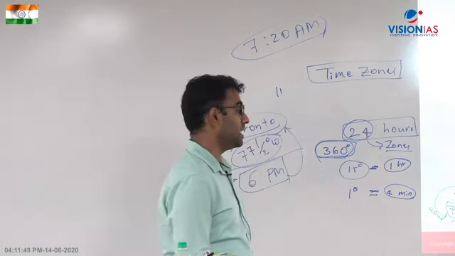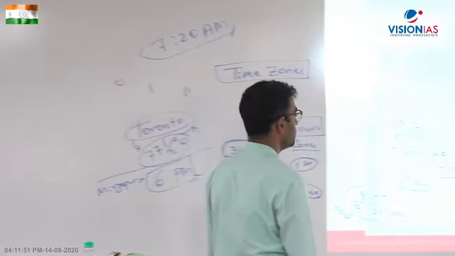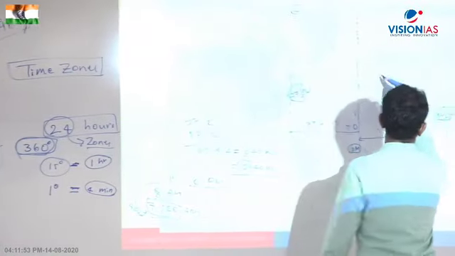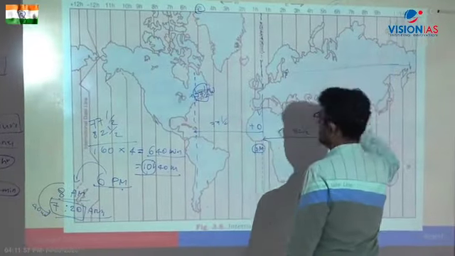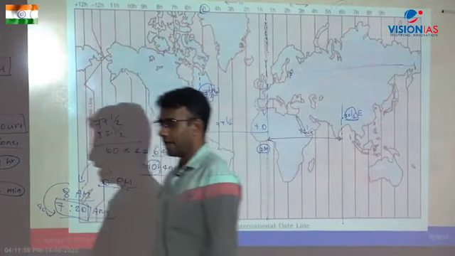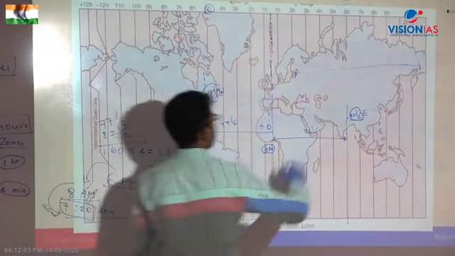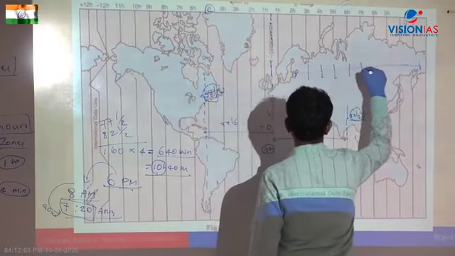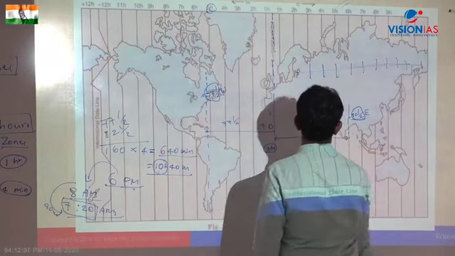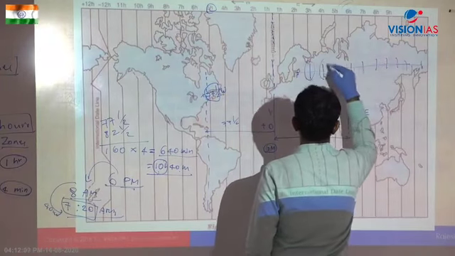So which country has the largest number of time zones? I told you the countries which have a longer extent with respect to longitude, that is, multiple longitudes. A country with multiple longitudes will have multiple time zones.